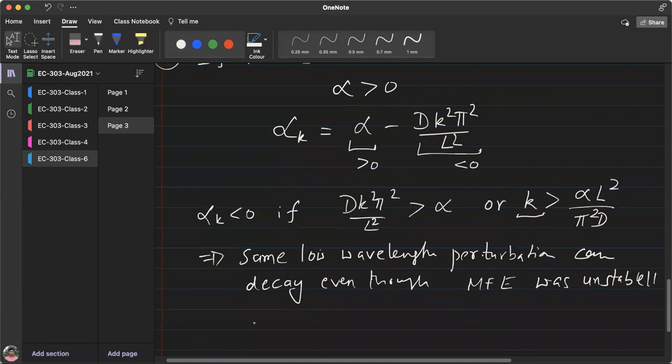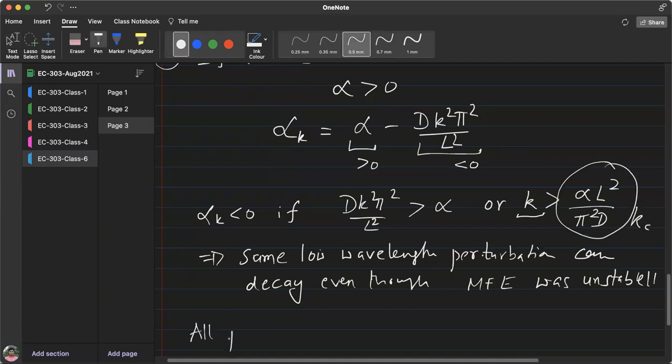However, let's think of the type of perturbations we might encounter. They are unlikely to have very specific wavelengths. They may have a combination of high wavelengths, low wavelengths, and so on. So although some wavelengths can die off, what about the case less than this threshold? Let's call this Kc.